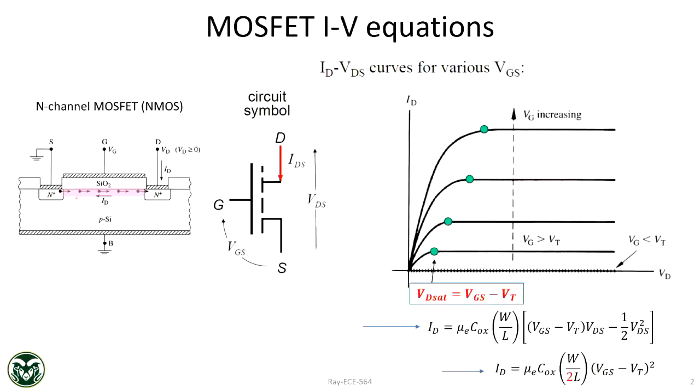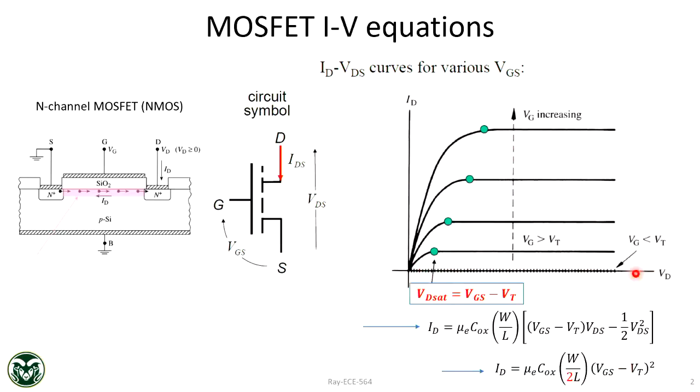Okay, so these are the few equations that you may need to use for getting a quantitative idea about SRAM operations. So we talked about at the beginning of the class that a CMOS transistor, an NMOS or PMOS transistor, can be described by these two equations.